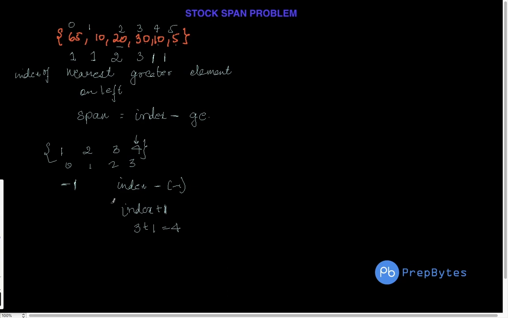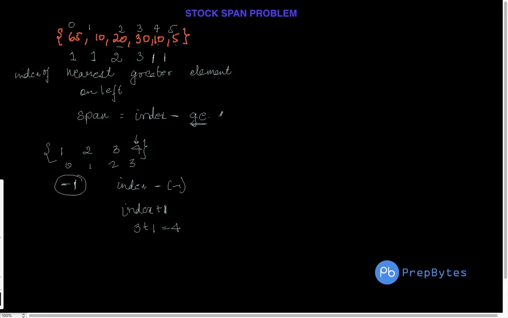Okay. So in case there is no nearest greater element to the left, we simply return -1. In case there is, we simply return GE, which is the greater element. Again, I'm repeating, the question is how to find the greater element. I'm just using nearest greater element to the left as greater element to keep it short. So let's talk about greater element.